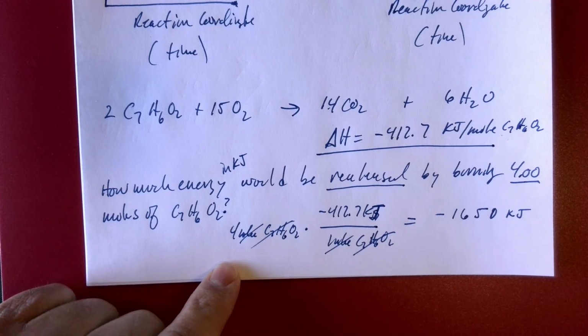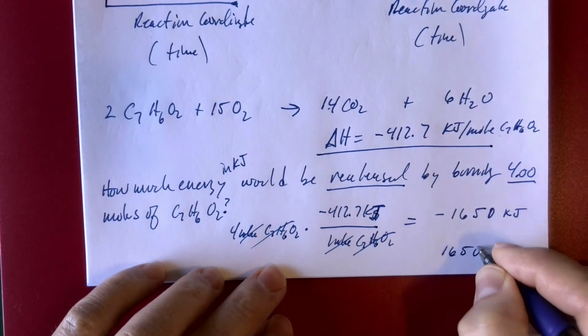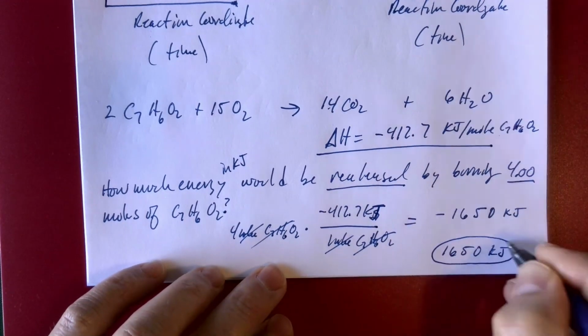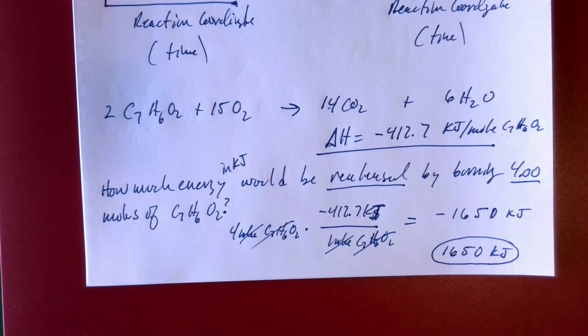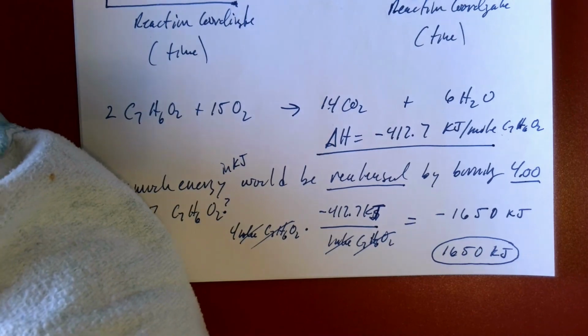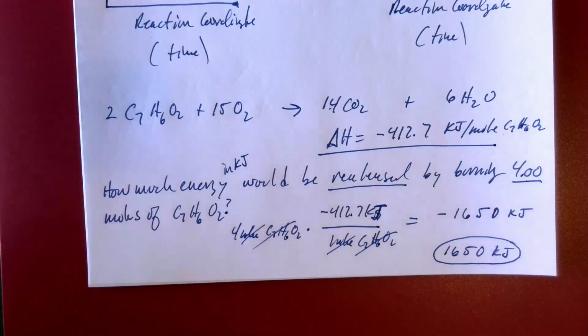Now, let me tell you what the answer is. That's the answer. Anybody figure out why that's the answer and what the difference is? You can't release negative energy. Exactly.